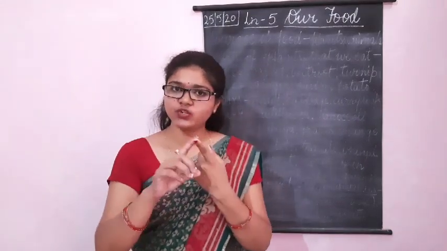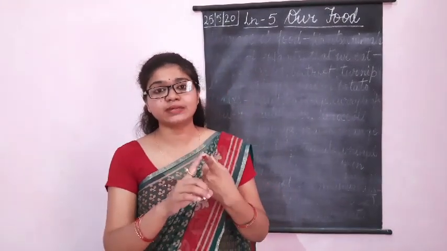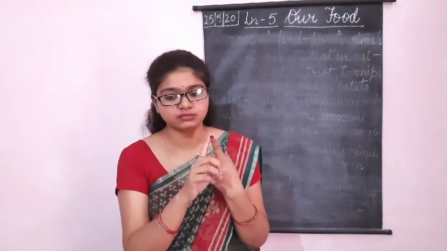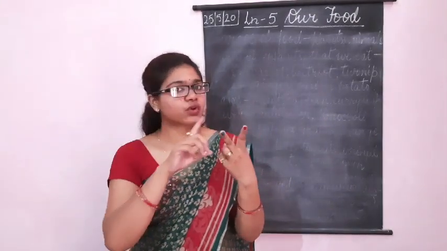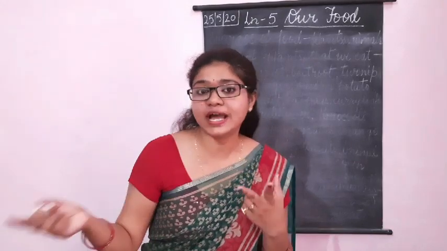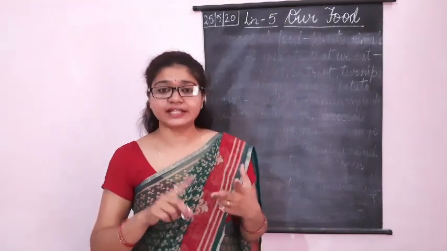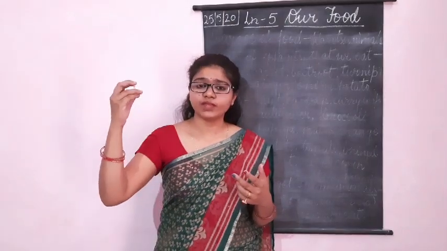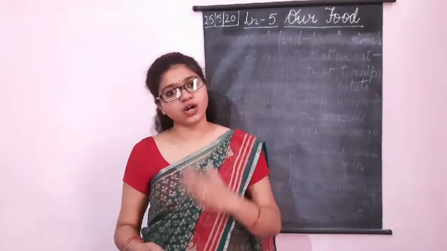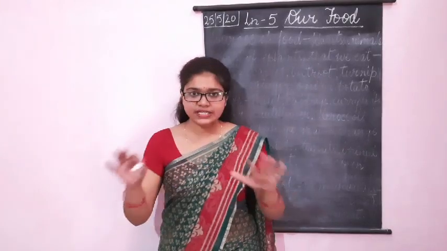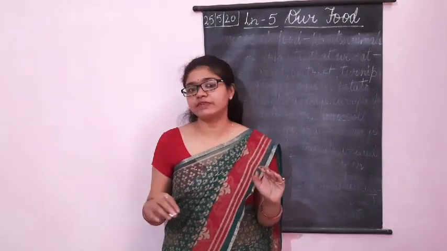Vegetarian means a person who eats grains, fruits, vegetables. And a non-vegetarian is a person who eats eggs, meat, chicken and fish. It is clear now who is vegetarian, who is non-vegetarian?